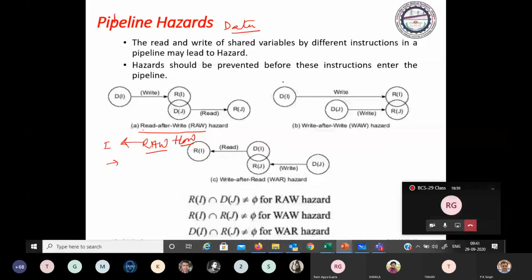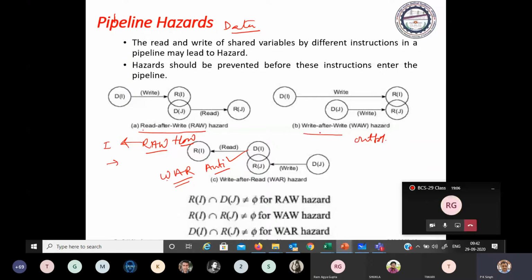Okay, so here if certain information is going to be read and then it is modified, this is the case of WAR, write after read, and it is nothing but anti-dependence, and write after write is output dependence.